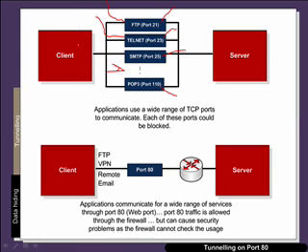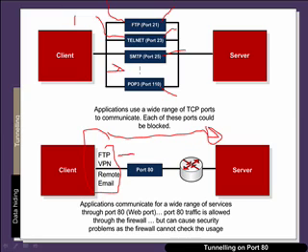Increasingly though, it is well known that port 80 is often allowed through a firewall, so protocols such as FTP, email and so on are tunneled through the firewall on port 80 or other ports which are open.